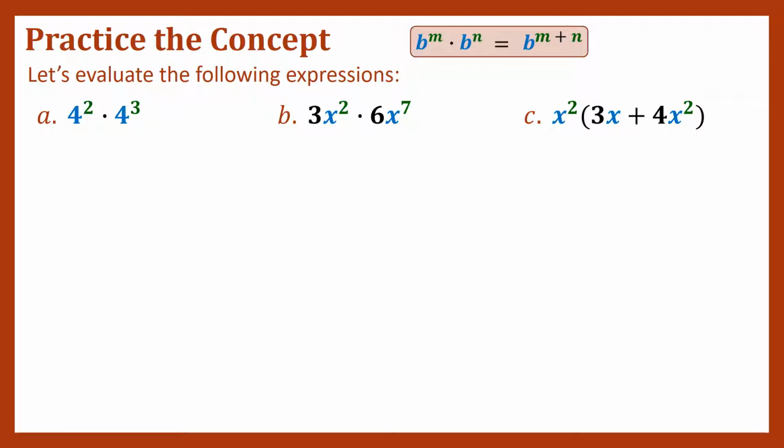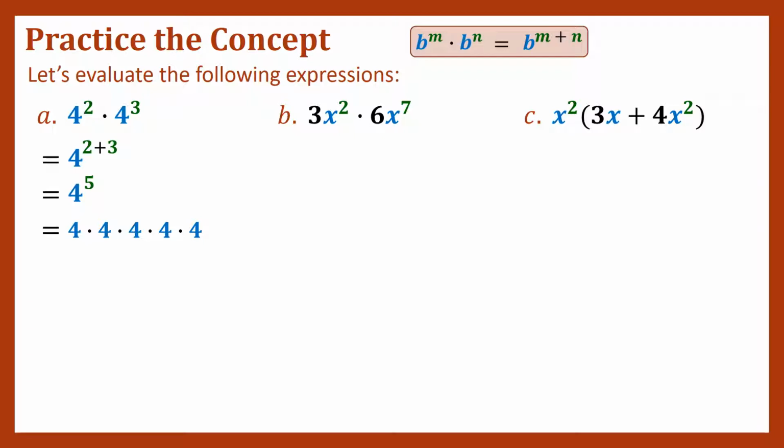Using the product rule, this equals 4 raised to the power of 2 plus 3, which equals 4 raised to the power of 5. In turn, this equals the repeated multiplication of 4 5 times.